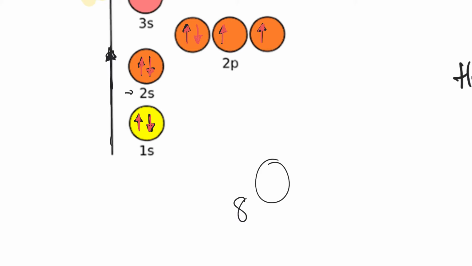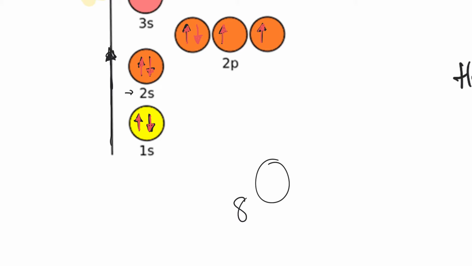We're going to put it as the opposite spin, and so here is our 8th electron. And so this is the way that you fill up an orbital diagram.